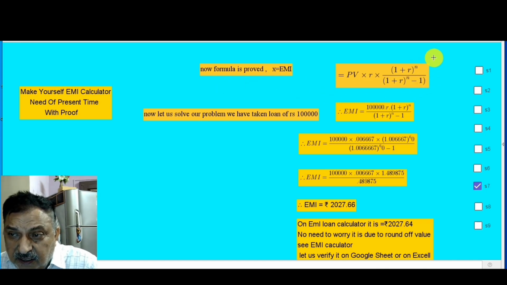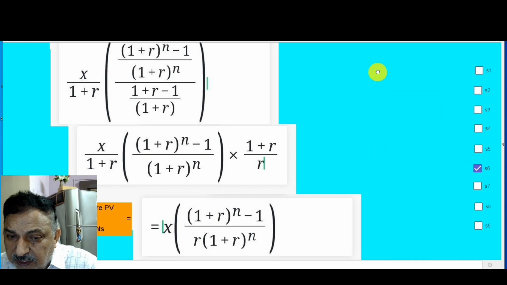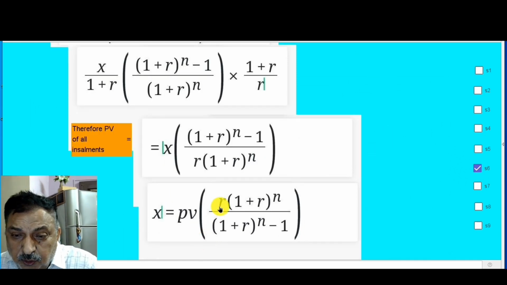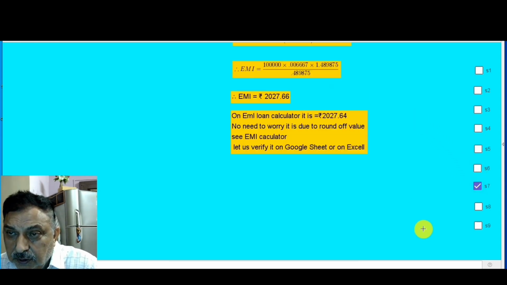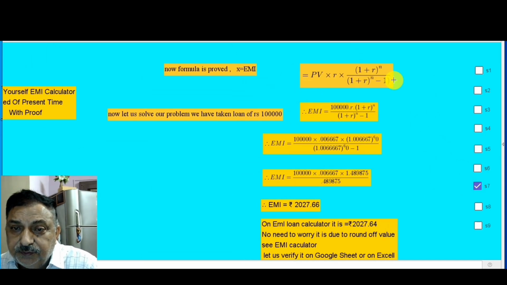This formula we have proved now. We have proved this formula: present value into r into 1 plus r power n over 1 plus r power n minus 1.